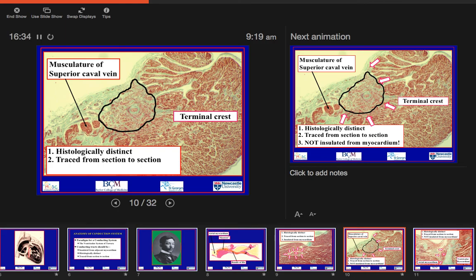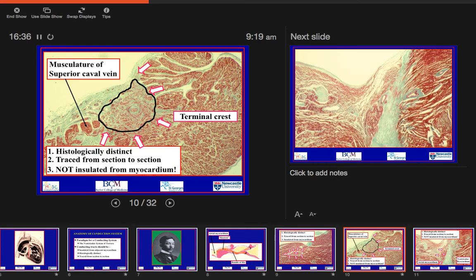the myocytes of the sinus node are not insulated from the adjacent myocardium. In fact, it would be a nonsense if the heart insulated the sinus node, because there would be no way then for the impulse generated within the sinus node to reach the adjacent working myocardium.